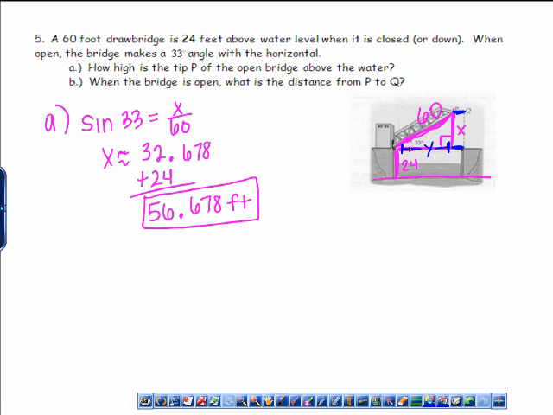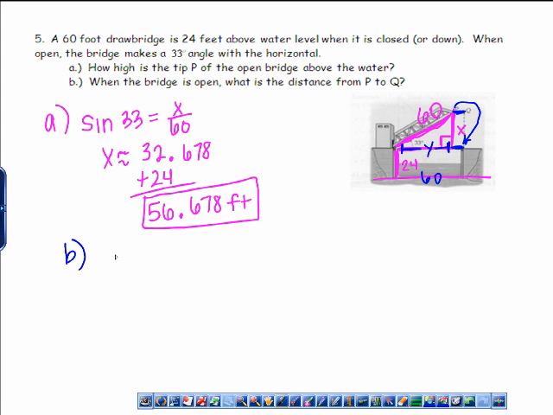Once I know that Y, I can subtract it from 60, because 60 is the length of the drawbridge, which would put me, when P goes all the way to right here, 60 would be this width. So it didn't appear that I knew the total width, but I did. It has to be 60, which is the length of the drawbridge. So I'm going to find the missing leg of the triangle, and I'm going to subtract that from 60.